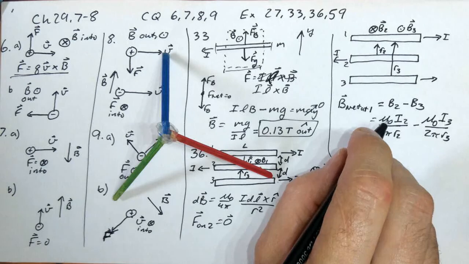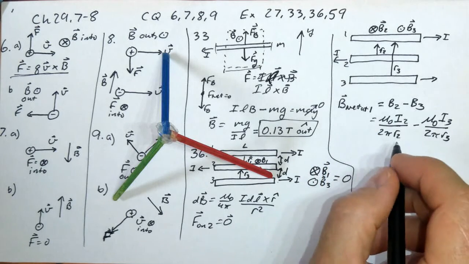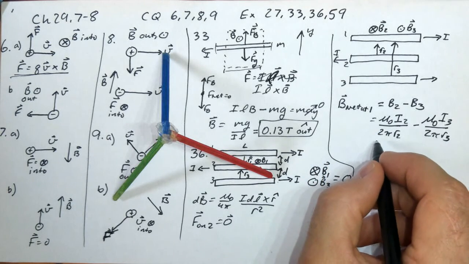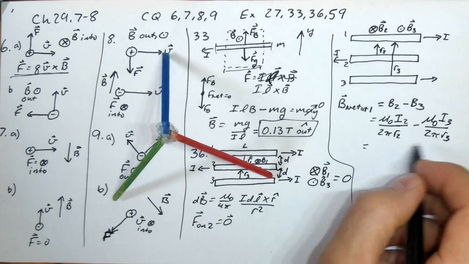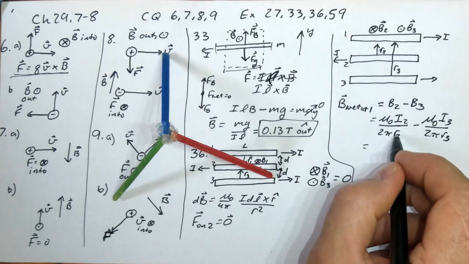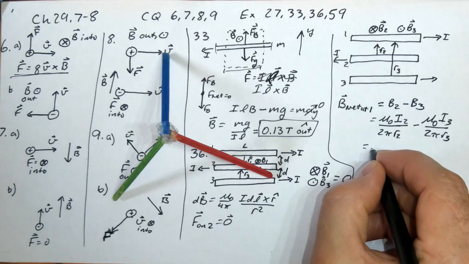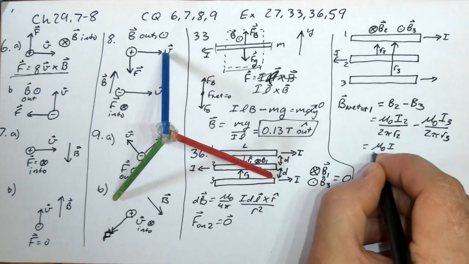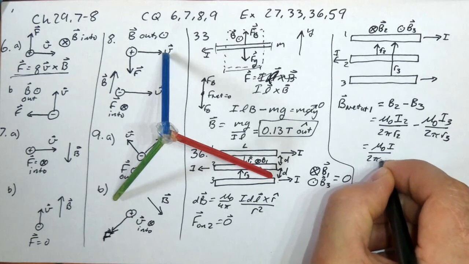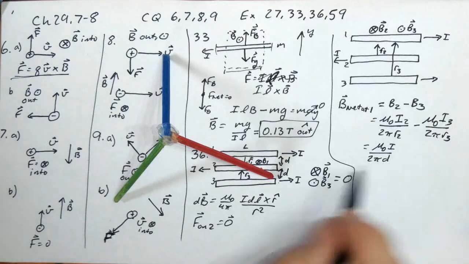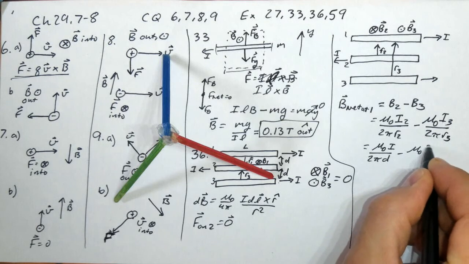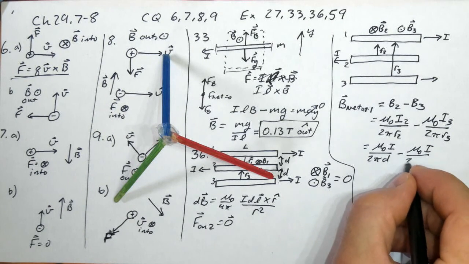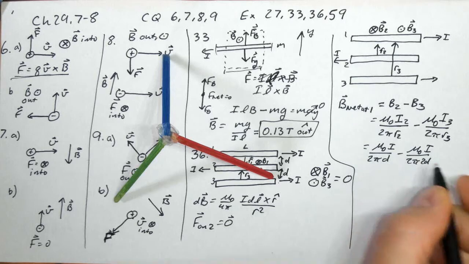All right. So with that, I can plug in what I know. I know the currents are the same, so I'll just call those I. I know this one's twice as far as this one. So I have mu naught I over 2 pi D, I'll call that D, as I did over here in this picture, and then minus mu naught I over 2 pi 2D.